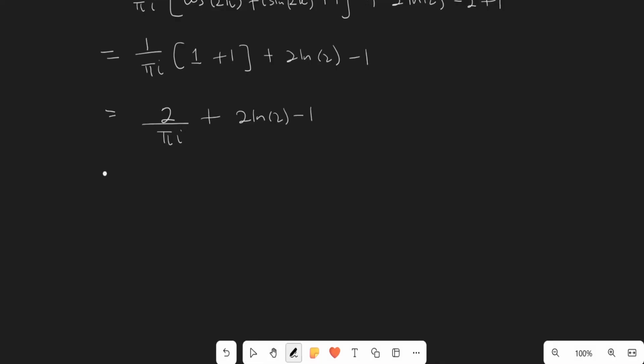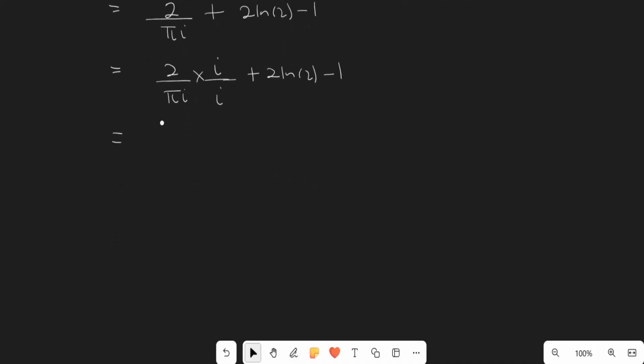So we can maybe rationalize the denominator here. So we have times i all over i, plus 2 ln of 2 minus 1. And that is equal to what? That is going to be negative 2i all over pi, because i times i is negative 1, so plus 2 ln of 2 minus 1.